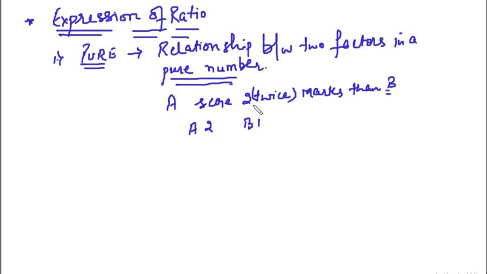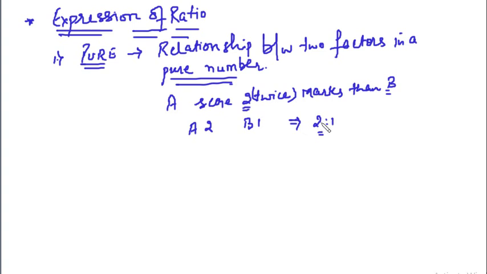Right? That is a pure number. We are expressing something in the pure number. Twice, thrice, double. One thing is double the other thing. That is expression of ratio in the pure number. We can express it as 2:1.